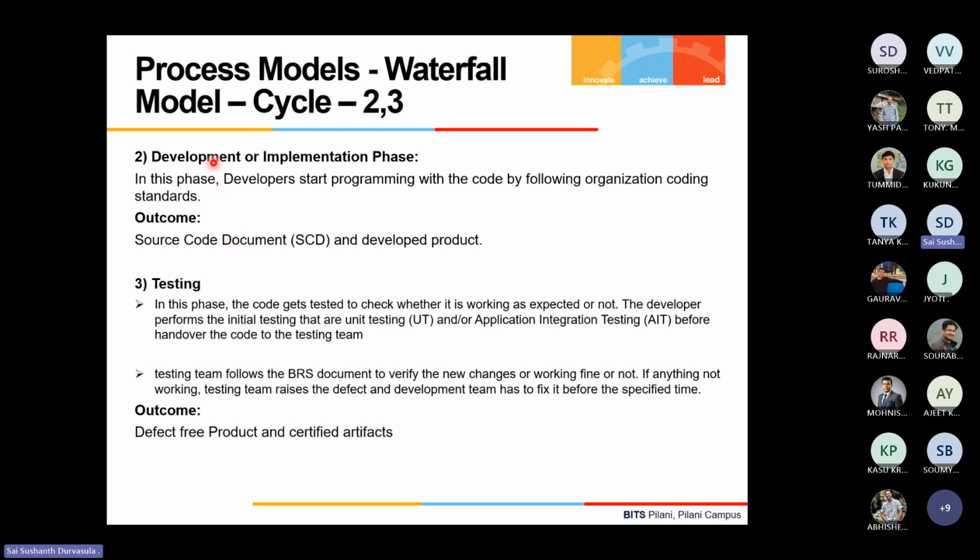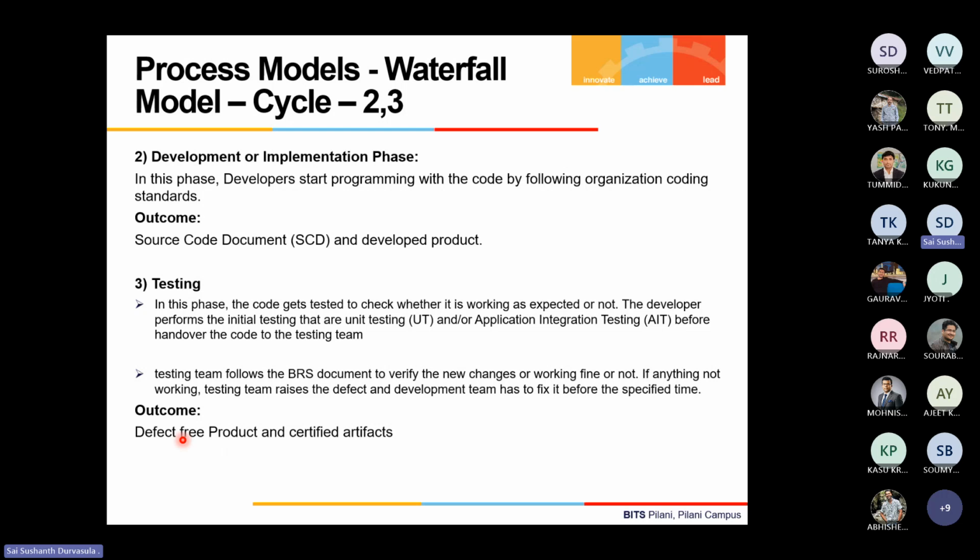Then, as part of development, whatever the developers come up with is the source code. It's also loosely called a document, but it's actually the code files, with various extensions like .py for Python, .java for Java, and so on. And as part of testing, ideally what we expect is a defect-free product and certified artifact.